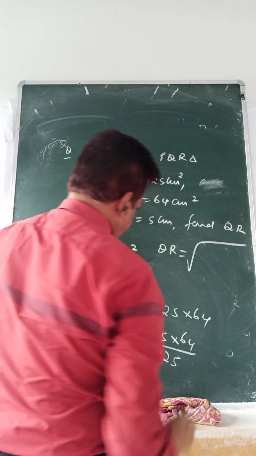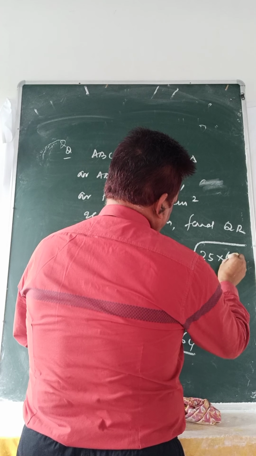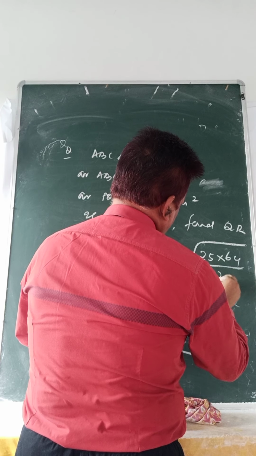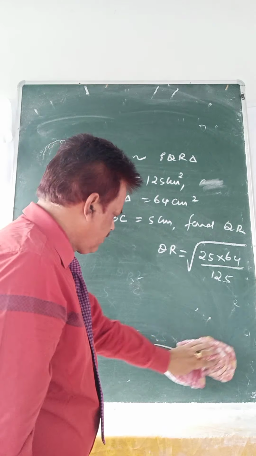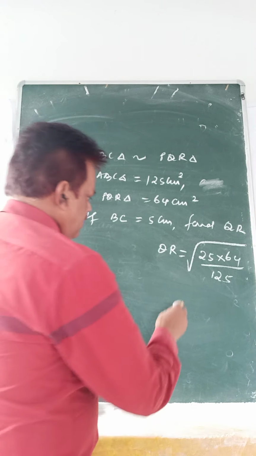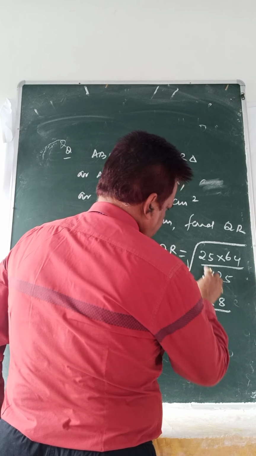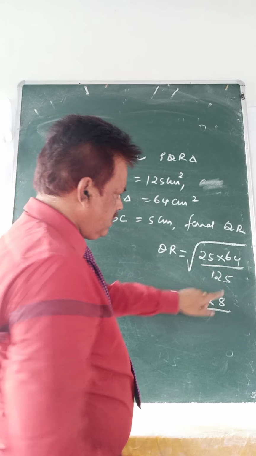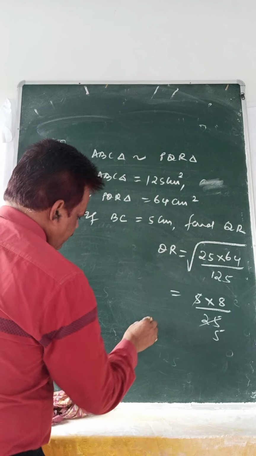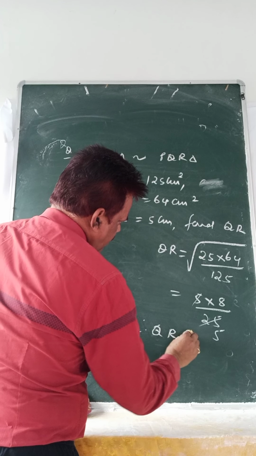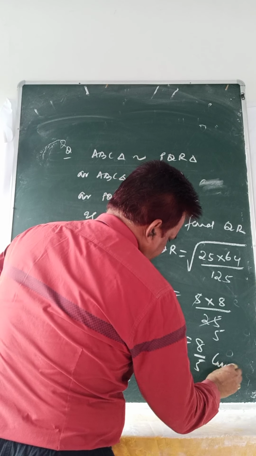Root over of 25 into 64 by 125. 125 is 5 into 25, so 25 cancels, 5 cancels. Therefore, QR equals 8 by 5 centimeter.